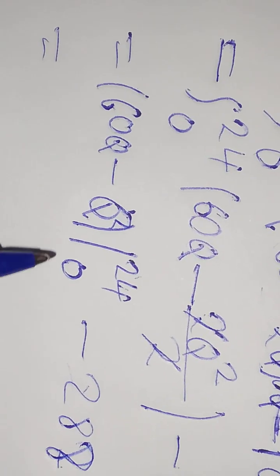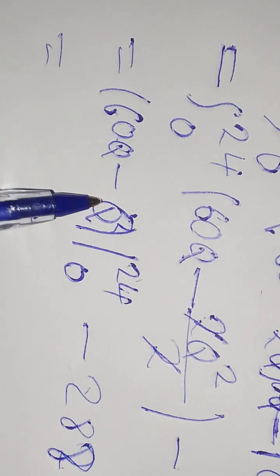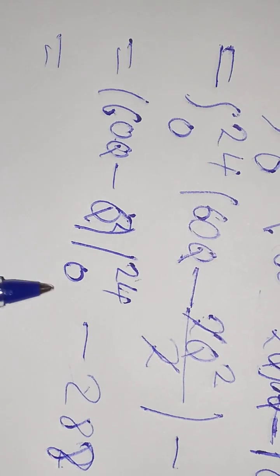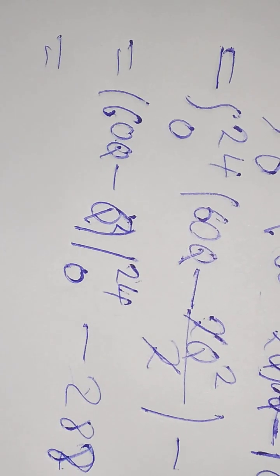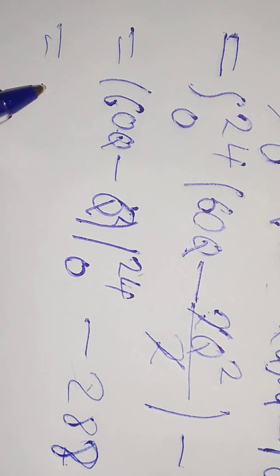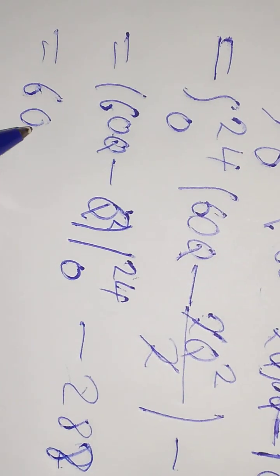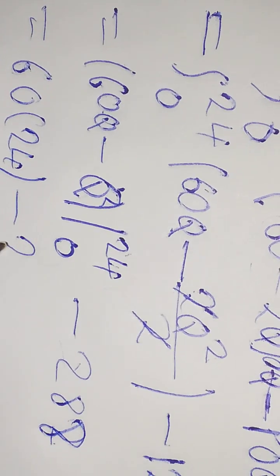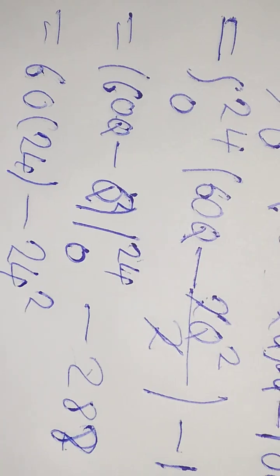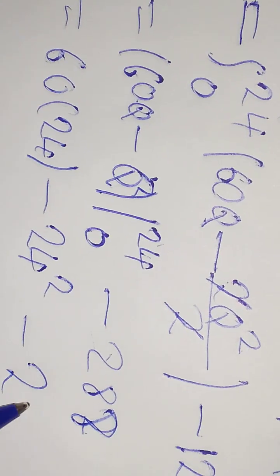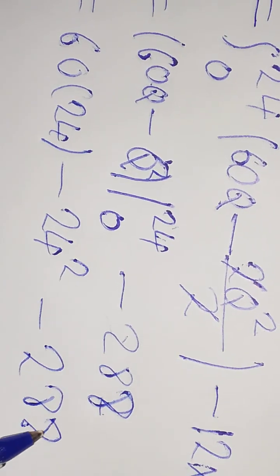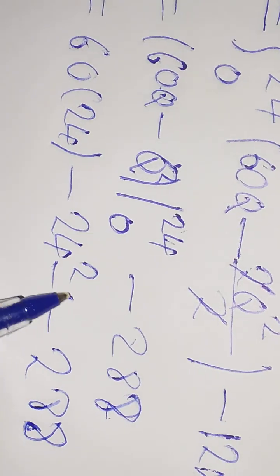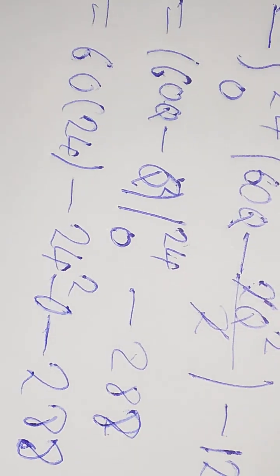Whenever you have a 0, you put a 0 here, and 0 squared is 0, so we won't use that one. So it's equal to 60 multiplied by 24 minus 24 squared, minus 0, minus 288.